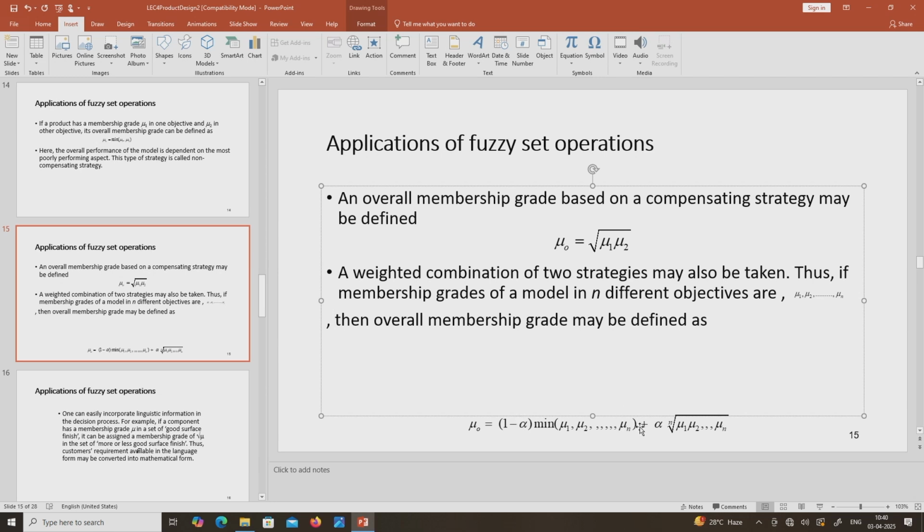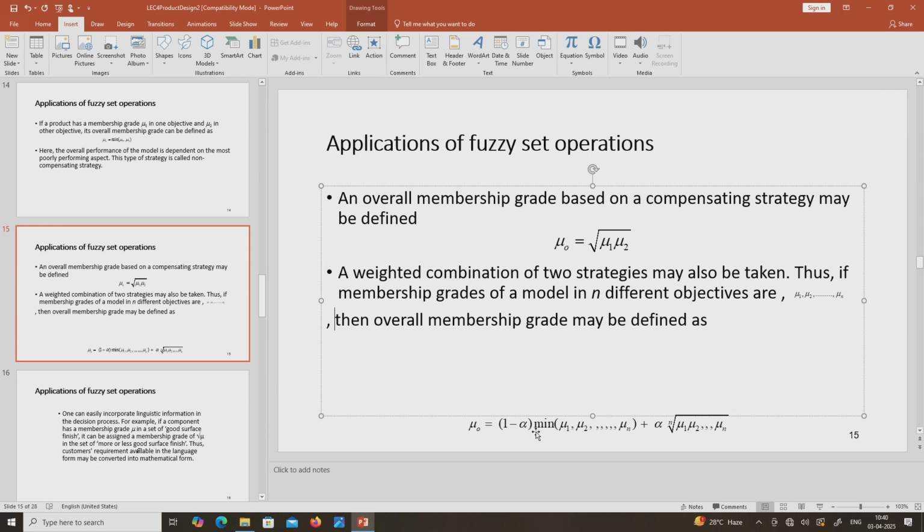Say there are 5 different objectives, like cost is one objective and performance is another. Among them these are the membership grades, but the poorest one has some grade. So you take that poorest quantity, the minimum, and multiply by 1 minus alpha. Then you multiply mu1 to mu n, take the nth root, and multiply it by alpha.